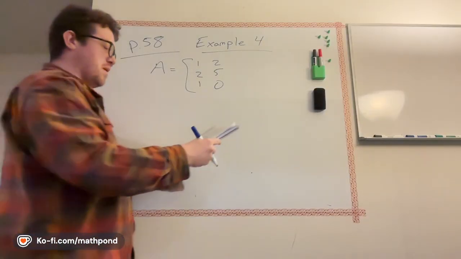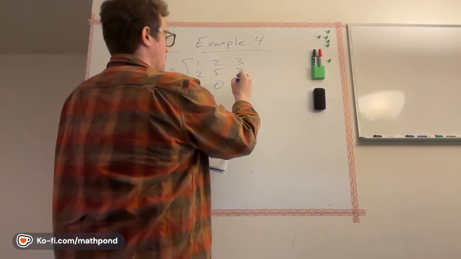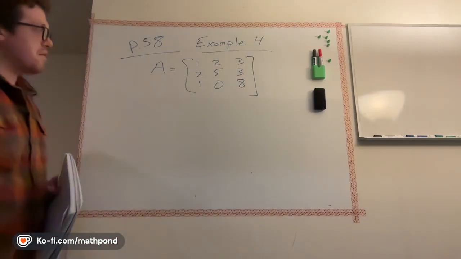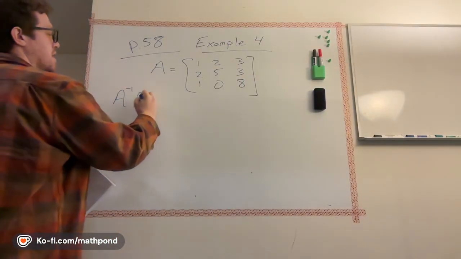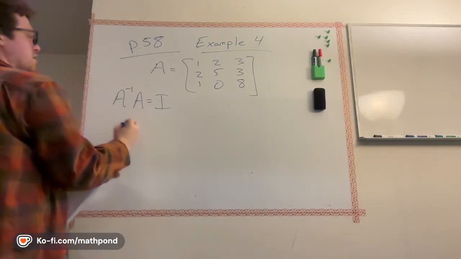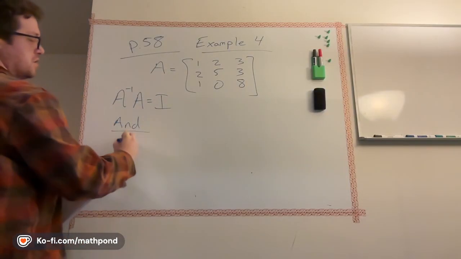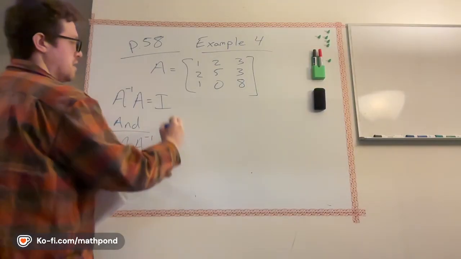So in this case, we have a 3 by 3. And we want to find some other matrix A inverse, such that A inverse times A is the identity matrix. And also in that case, it'll also be the other-sided inverse, so this will also be the identity.